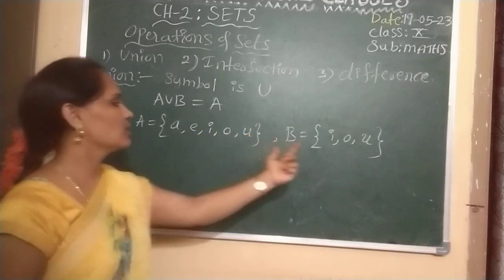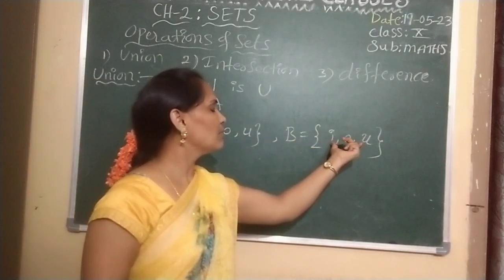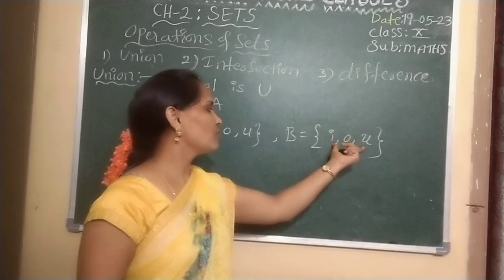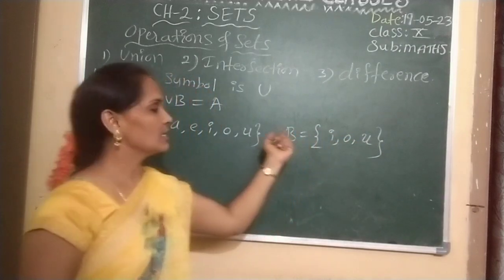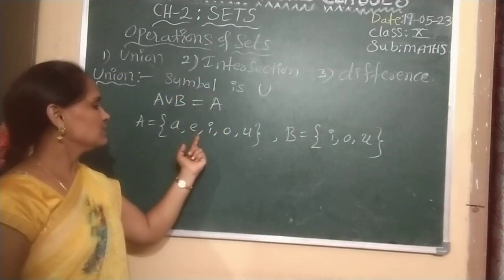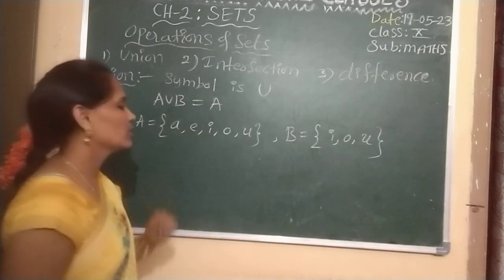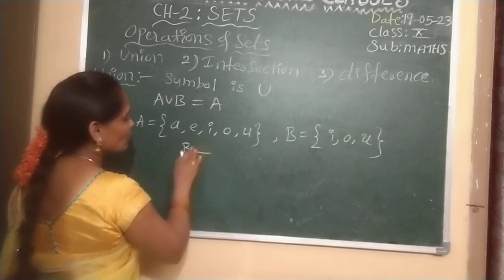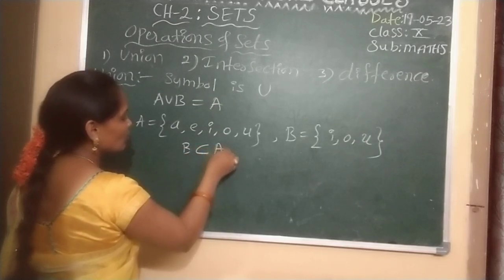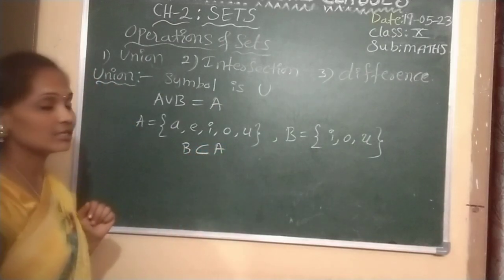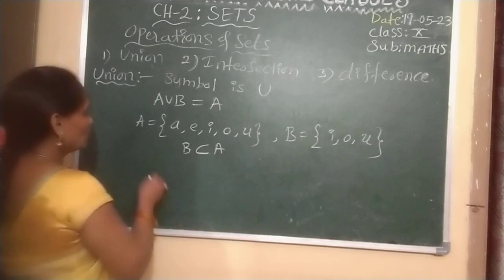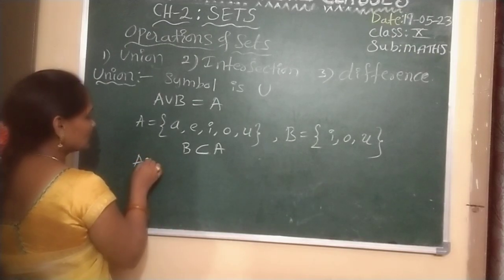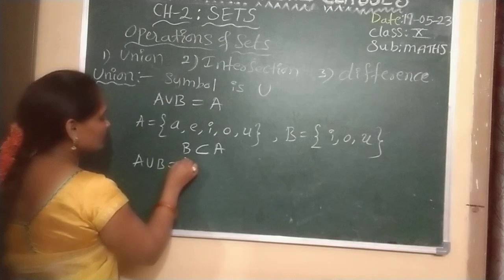I, O, U. Here also I, O, U. So we can say that B is a subset of A.